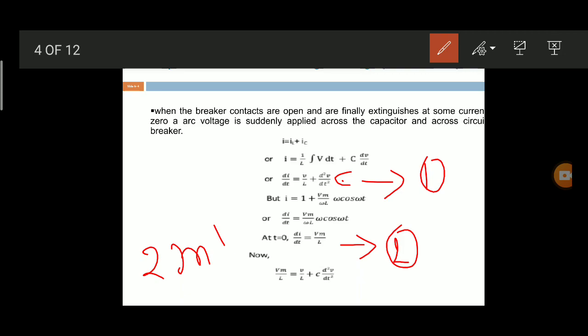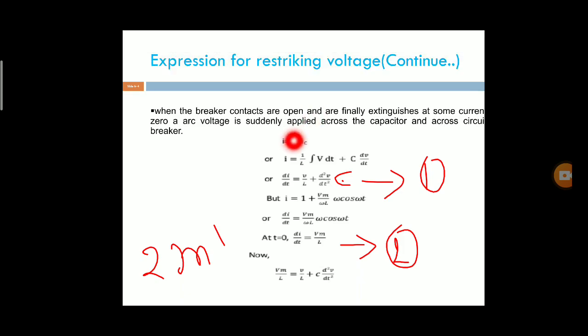First, due to the inductance and capacitance values in the transmission line, I equals IL plus IC. The current flowing through the inductor is 1 by L integral V dt, and the current flowing through the capacitor is C dV by dt.